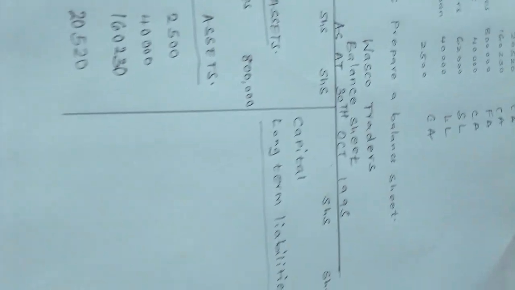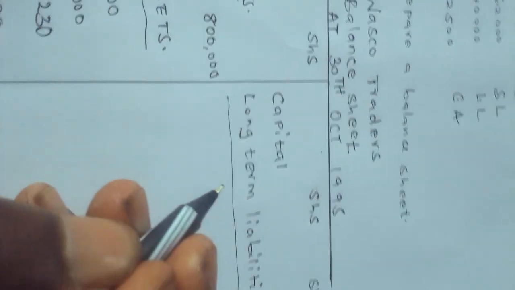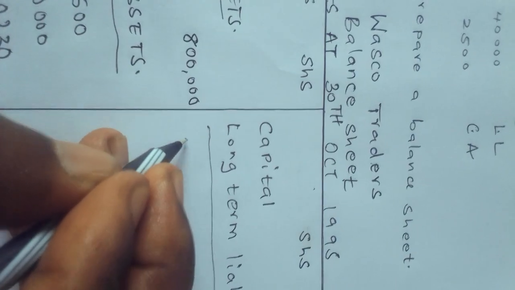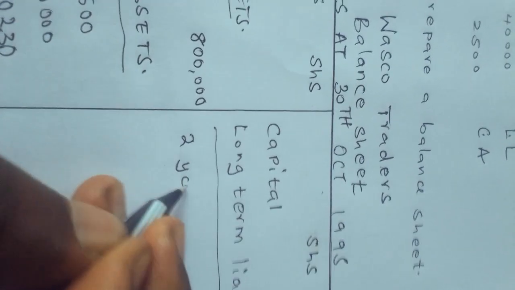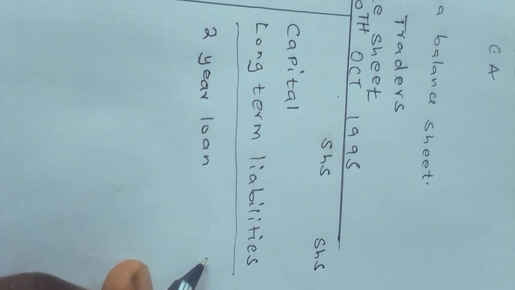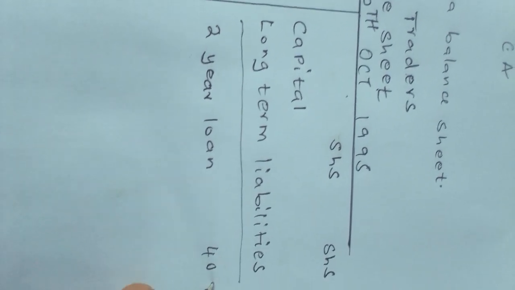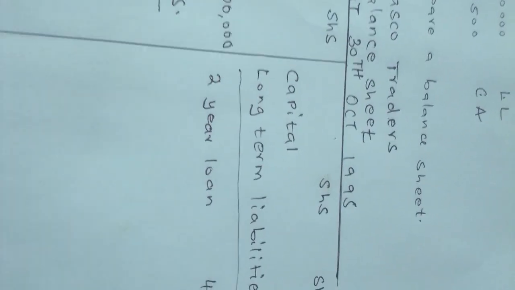Now learners, now that you have written this, you have to get the total of assets here. The total of current assets, you add all this, and you are going to get 223,250. And then you put a line, and under that, we are going now to write the total assets here.